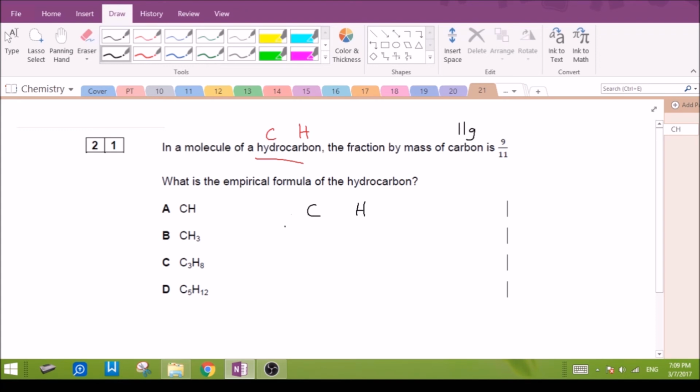So in terms of mass, for every 11 grams, we will have 9 grams of carbon, and the rest will be hydrogen, 2 grams of hydrogen. And then let's convert them to moles. Mass over the relative atomic mass. Carbon is 12, hydrogen is 1. We will have the number of moles.